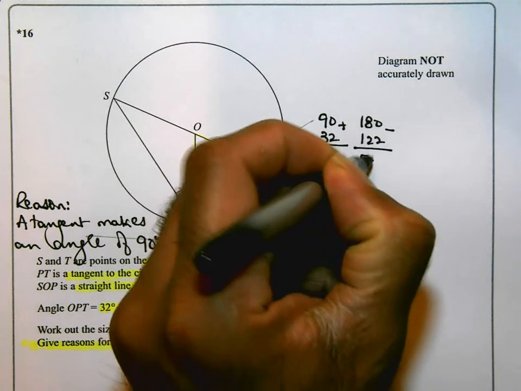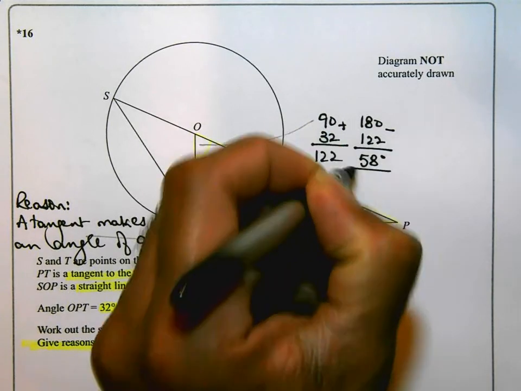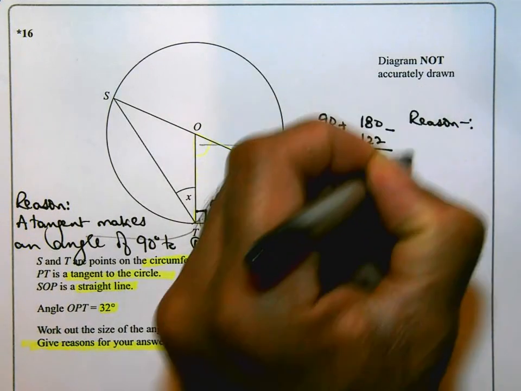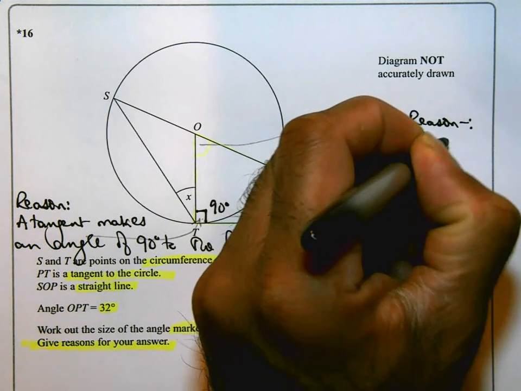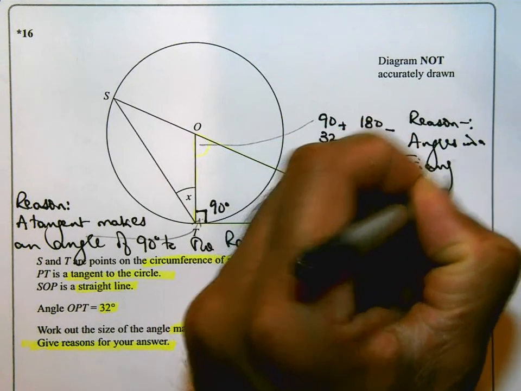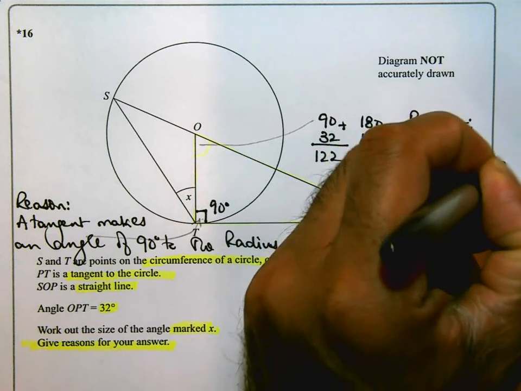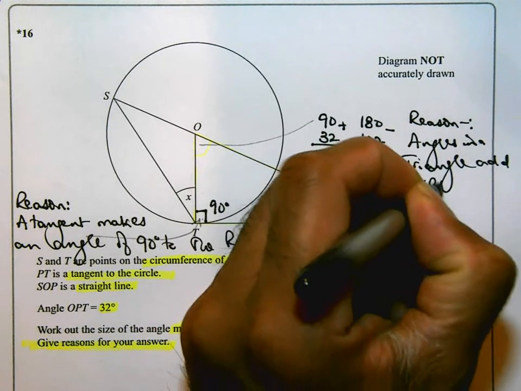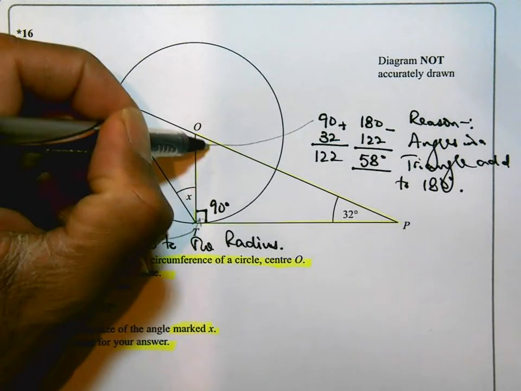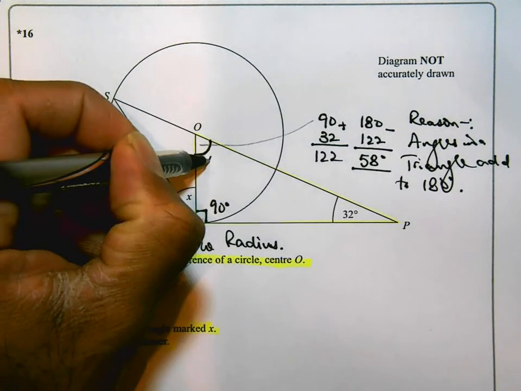And the reason for that: angles in a triangle add to 180 degrees.